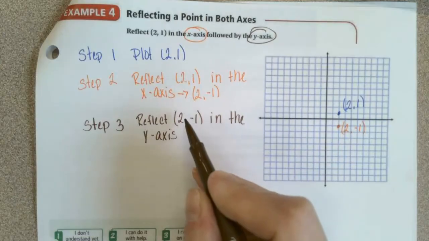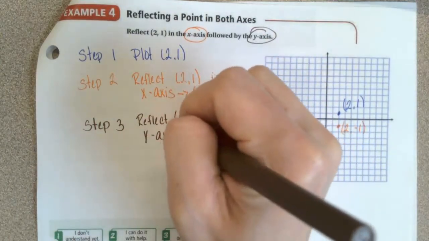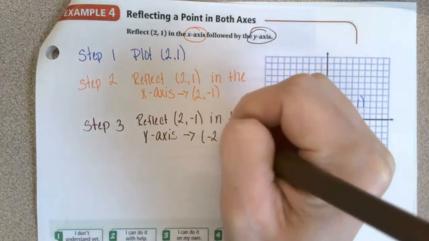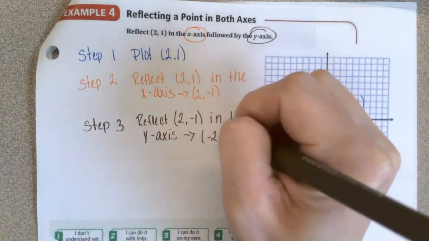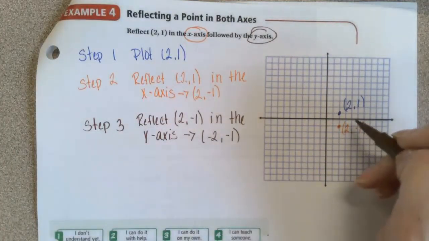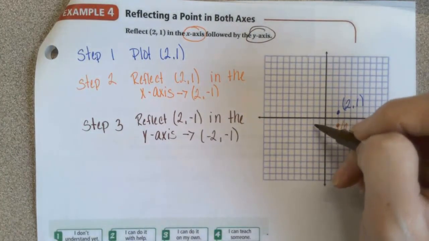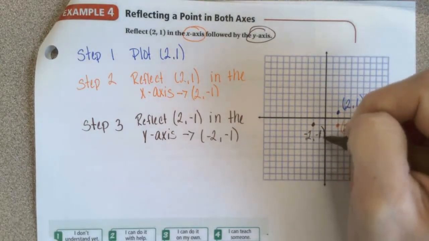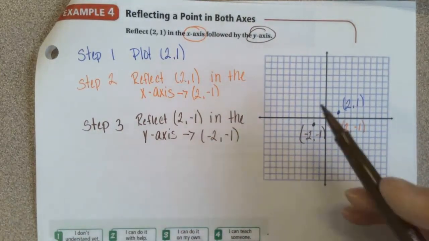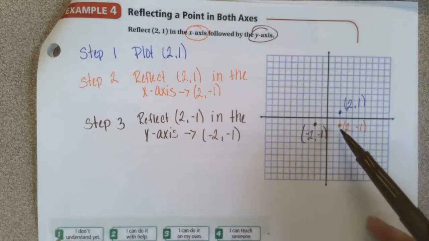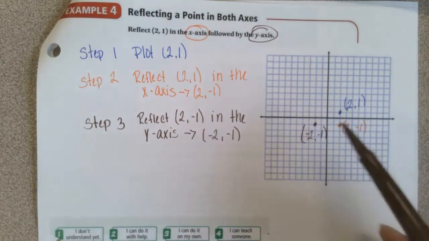Okay, so now we want opposite x, same y. So it should go over the y-axis, our new point here, (-2, -1). Okay, so taking a look at what we did, here was our original point. We flipped over the x-axis, then took that and flipped over the y-axis.